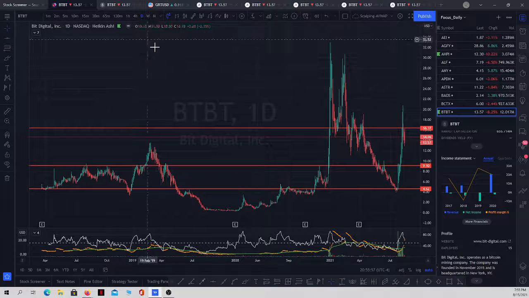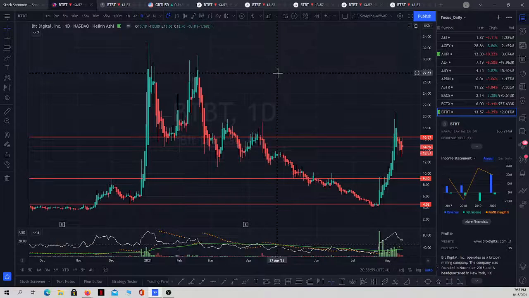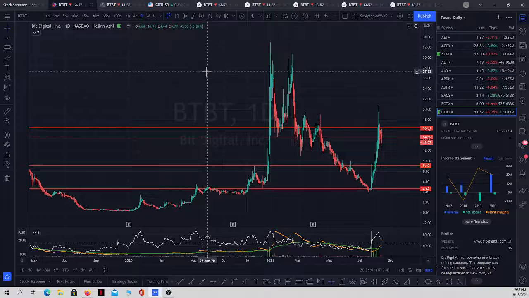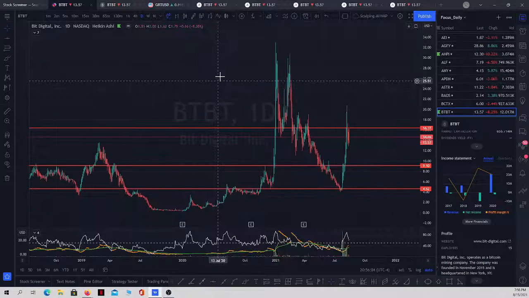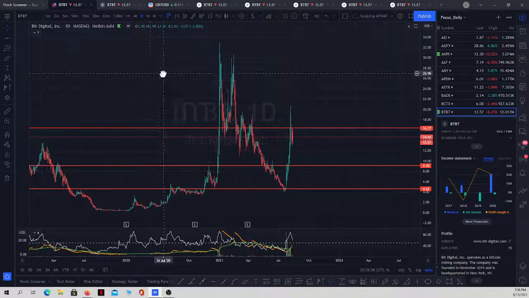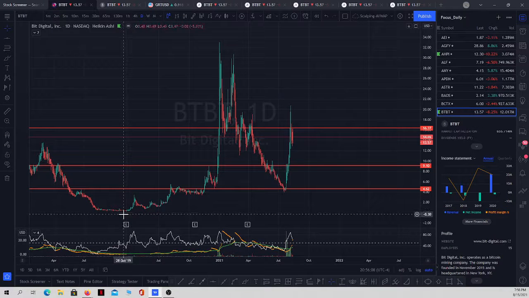Then I'm gonna move into drawing my support and resistance line based on Fibonacci. So I'm gonna take it from the lowest point till the highest point here to draw my Fibonacci.